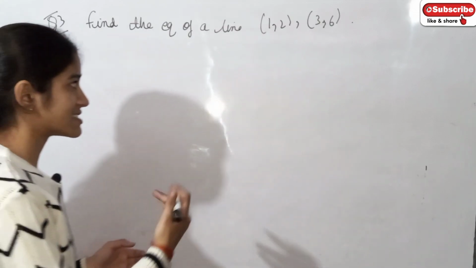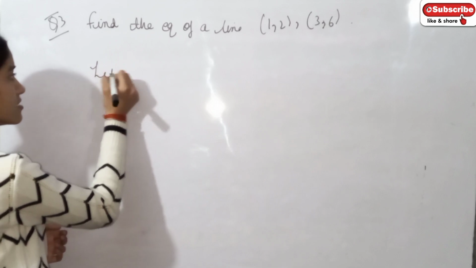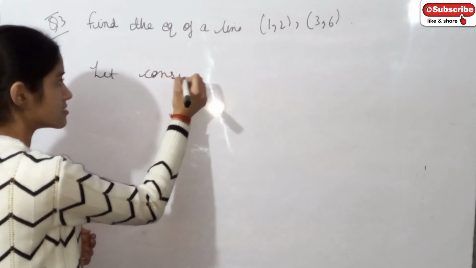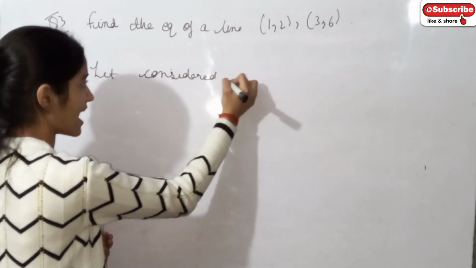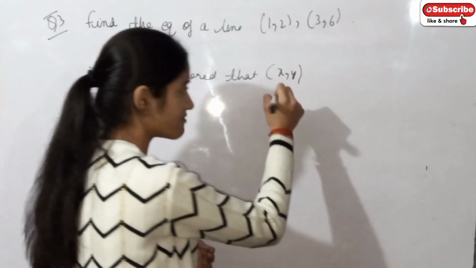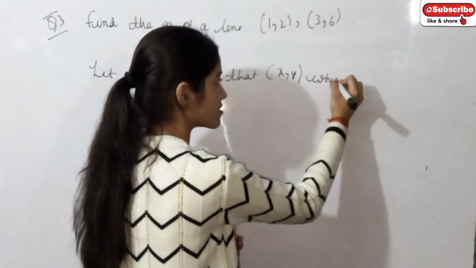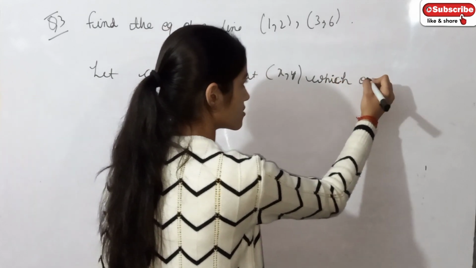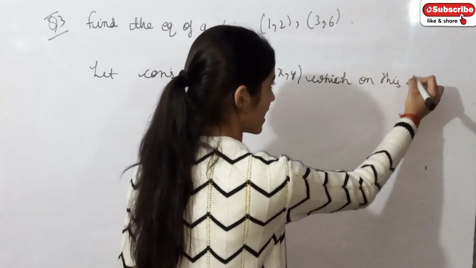So let's consider that x comma y is a coordinate which lies on this line.